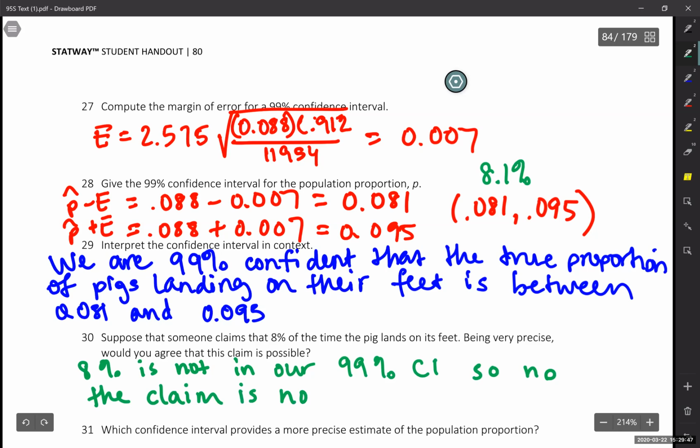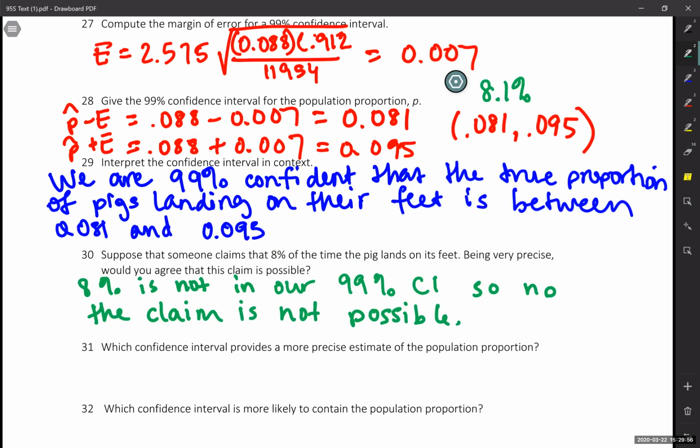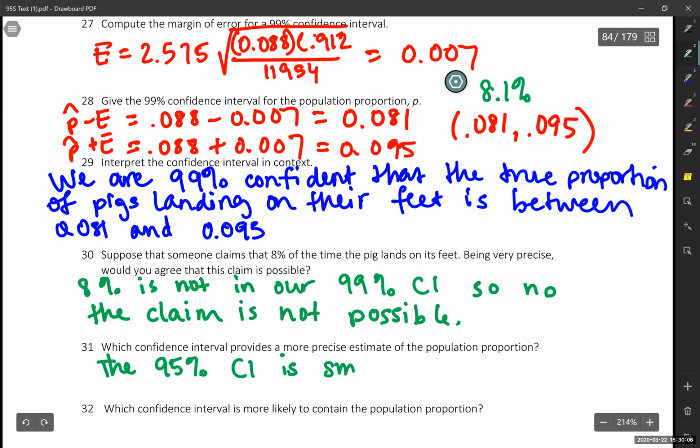Which one is more precise? Well, which one was smaller? The 95% confidence interval is smaller, thus more precise.